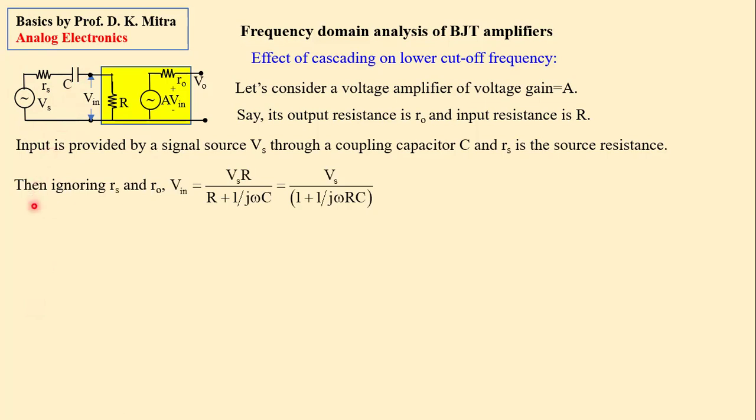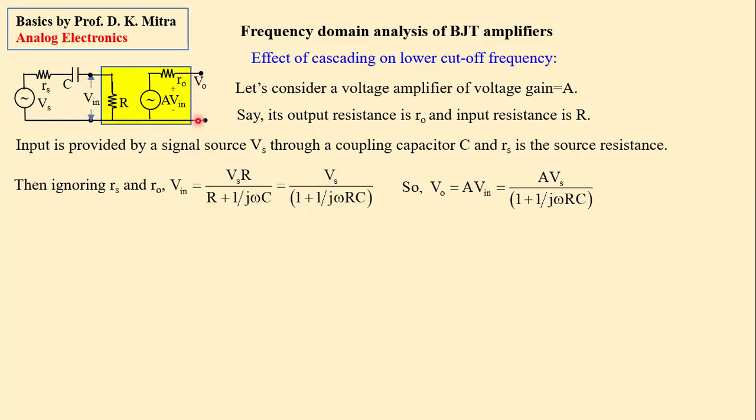Now let's go to a little arithmetic. If we ignore RS, which is always very, very small, what is the voltage Vin? Vin is equal to Vs divided by the total impedance, which is R plus 1 upon j omega C, multiplied by this resistance R. Cancel R from numerator and denominator, it becomes Vs divided by 1 plus 1 upon j omega RC. Clear? Now we have got Vin.